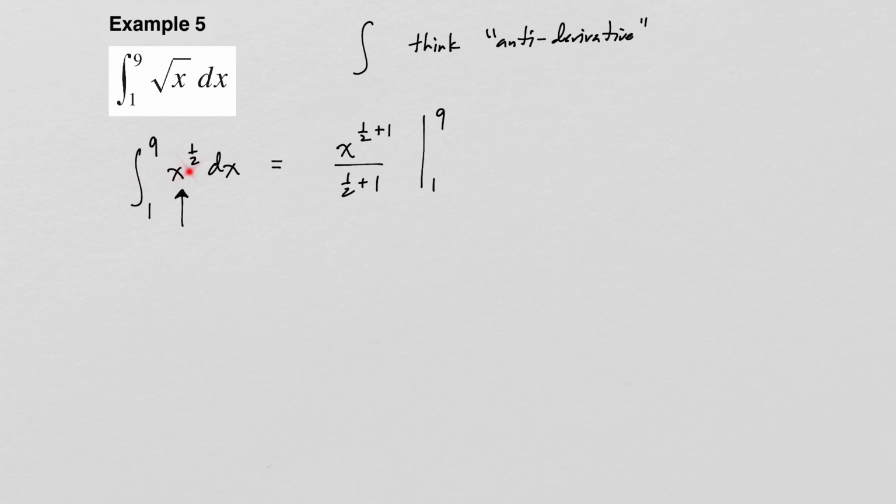Because we have already taken that antiderivative. Now we just have to get the value here. So let's simplify. We have x to the 3 halves divided by 3 halves from 1 to 9. And when you divide by a fraction, that's the same as multiplying by the reciprocal of that fraction.